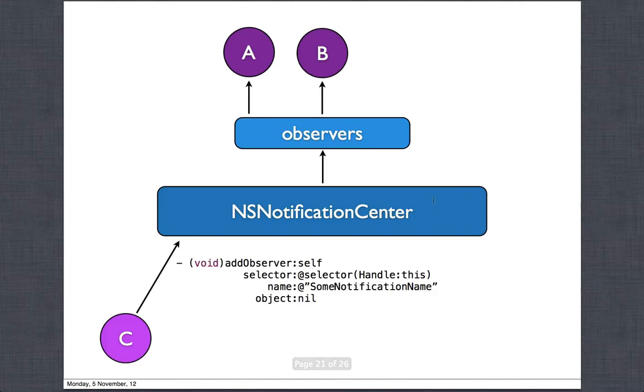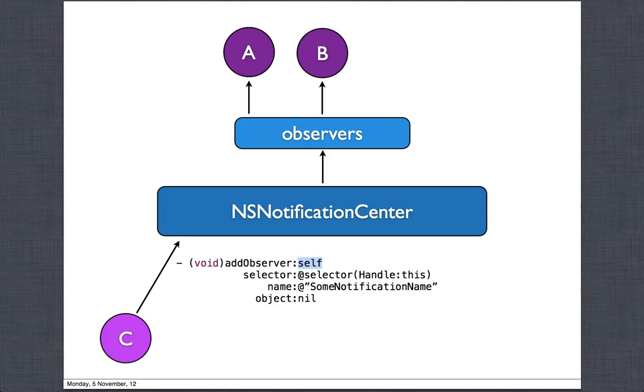So this is how it looks. We have the Notification Center, and it has some registered observers. Let's say we now have A and B. Those are some objects. And I want to register a new object, which is a C object. I call the Notification Center from within the C object, and I say add observer self, which is me, for this selector.